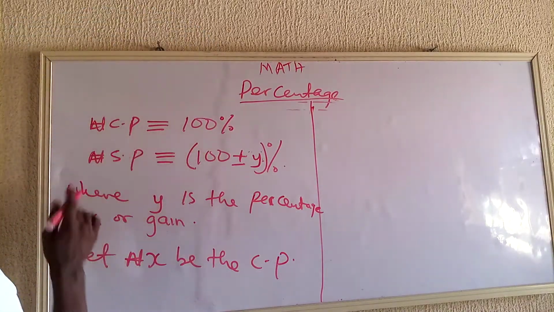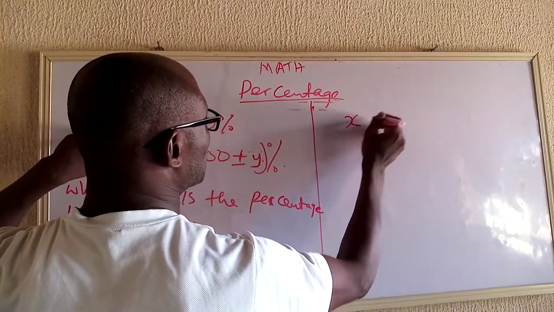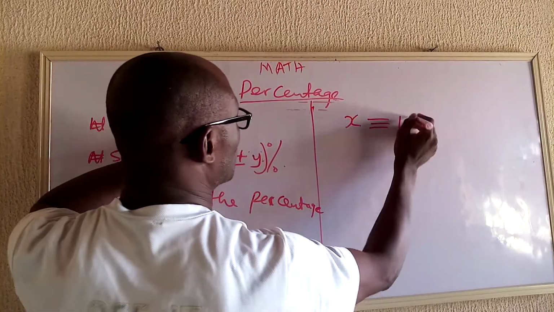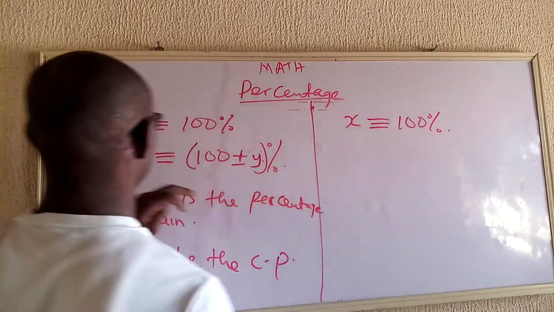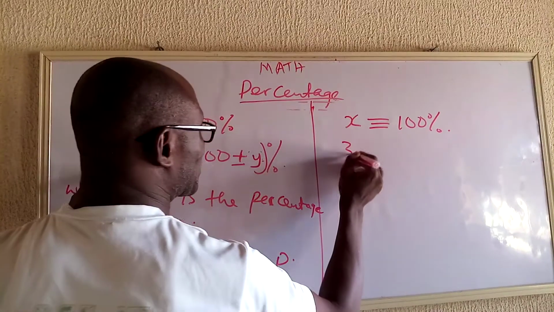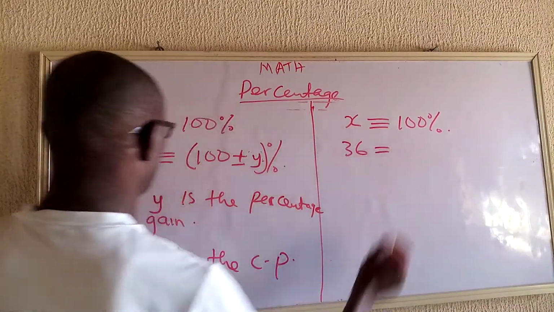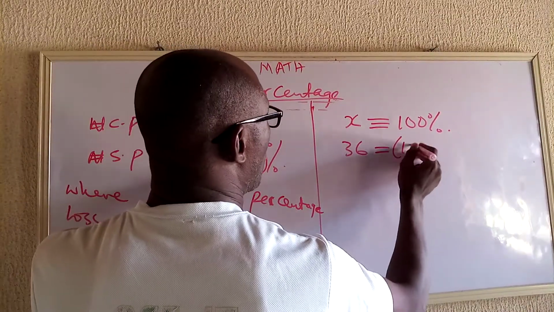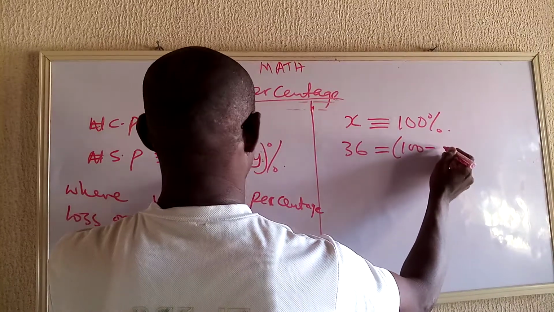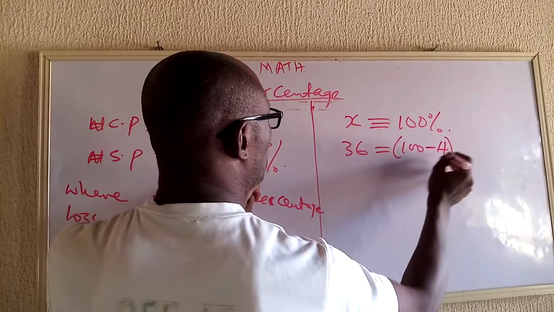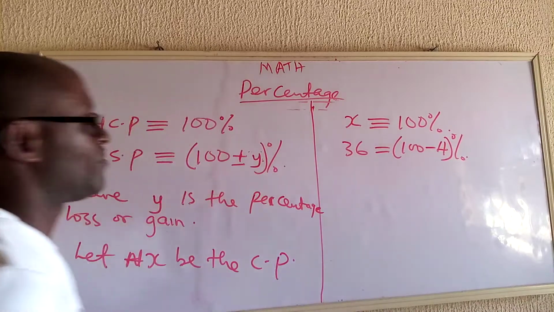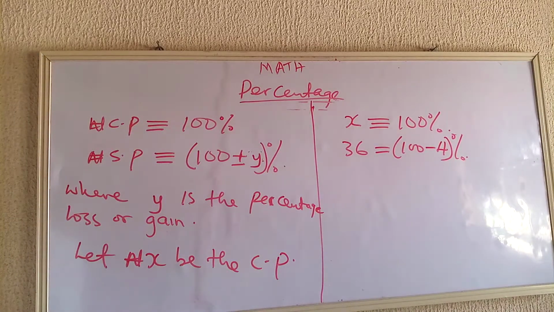So using this expression, X is equivalent to 100%. Selling price, which is 36, is equivalent to 100 minus Y, which will now be 4. I hope you understand where 4 is coming from, because the loss we are given is 4%.